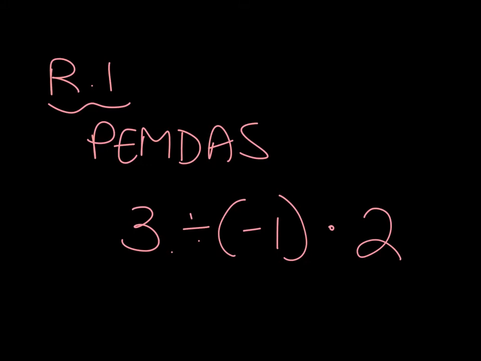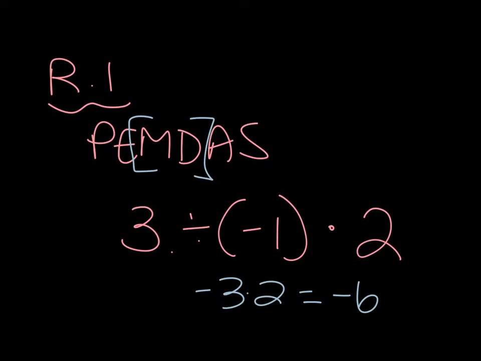Even though the M comes first, really I go left to right with that, right? The multiplication and division have the same weight, I just go left to right. So I have to divide by the -1 first to become a -3 times 2, which becomes -6, okay? Sometimes it doesn't change it, that order, and sometimes it does. So you want to just make sure that you go left to right with those.